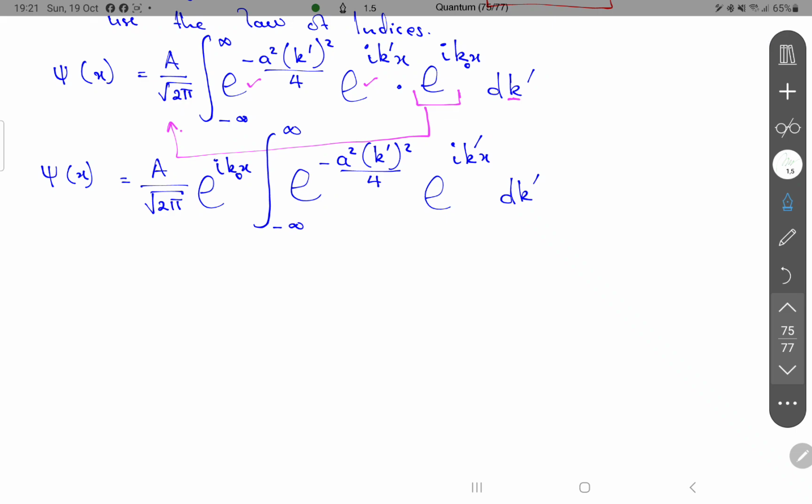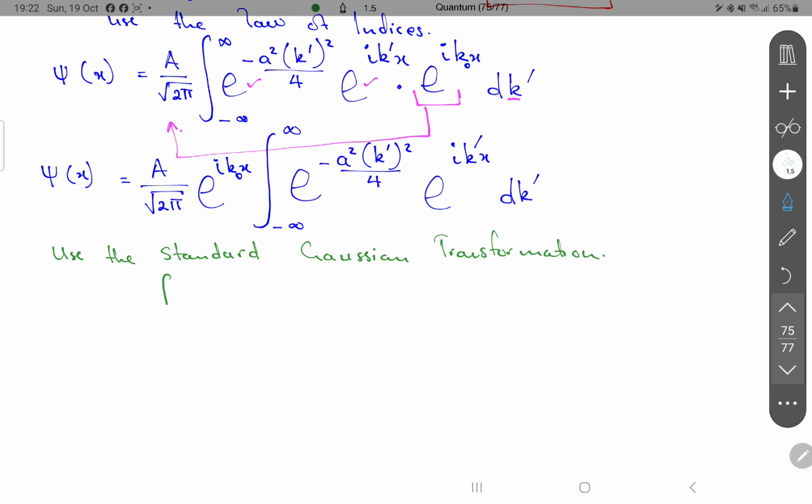Now let's use the standard Gaussian transformation. Why? Because we need to solve the integration.